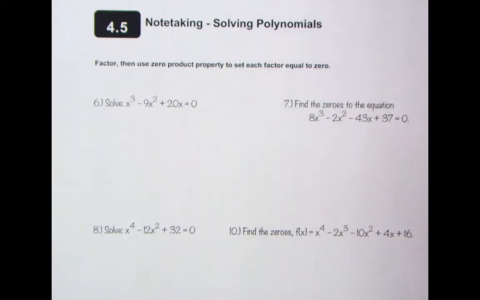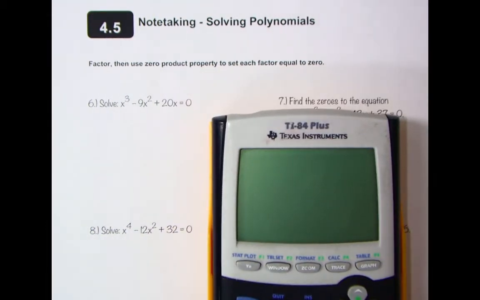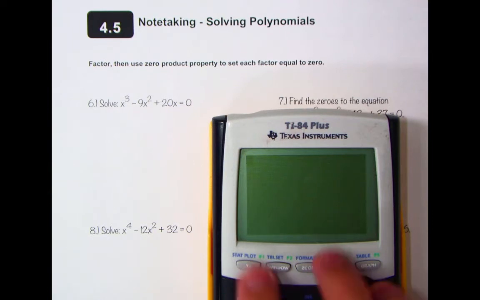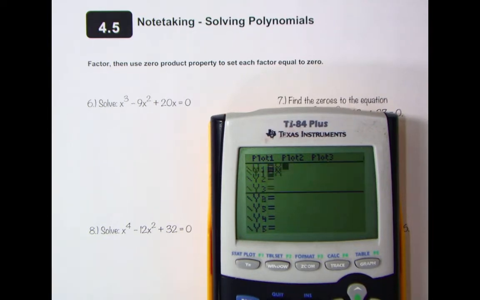So we're going to look at the very first problem here. I'm going to go to y equals, and I'm going to put the first equation in, which is x to the third minus 9x squared plus 20x. And I'm going to hit graph. A lot of times it is very obvious what your whole number solution is.